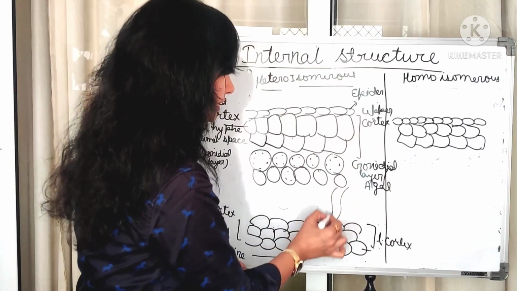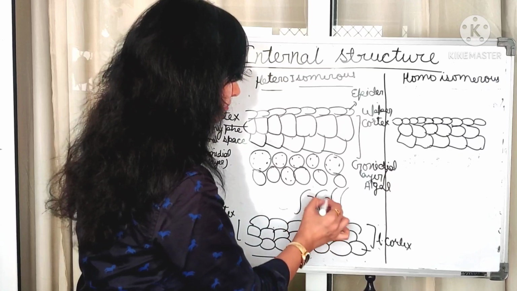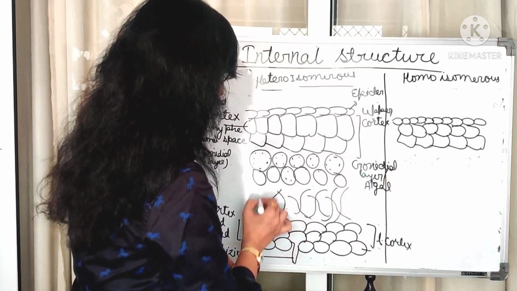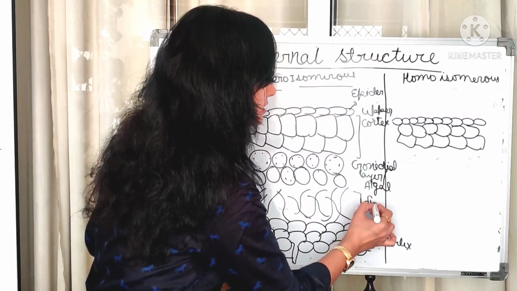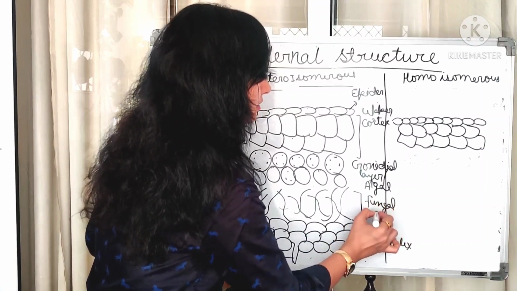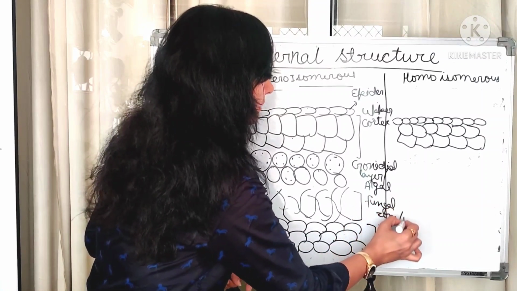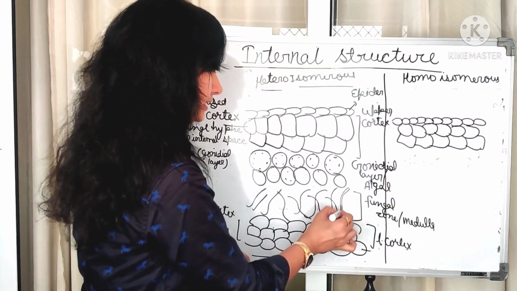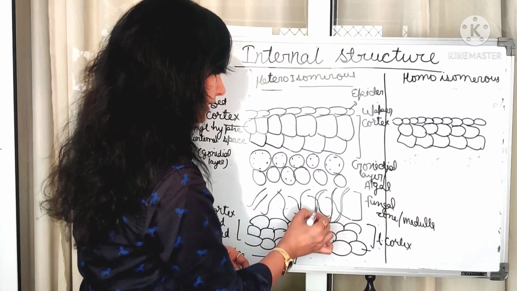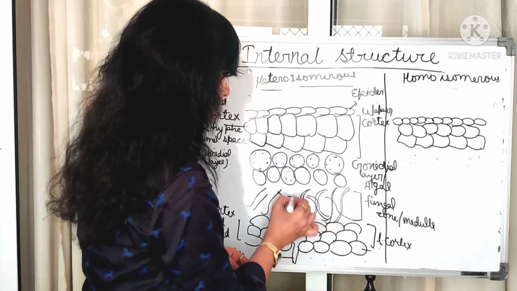After that there will be a longer portion of the medulla. This medulla is also called the fungal zone. This is fungal zone or medulla, in which you can see there are so many fungal hyphae, fungal strands present.